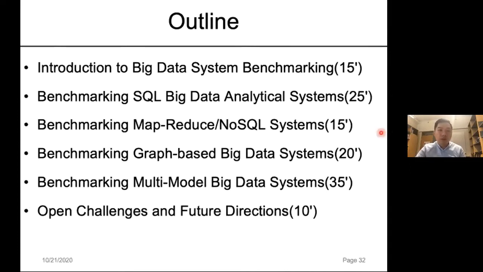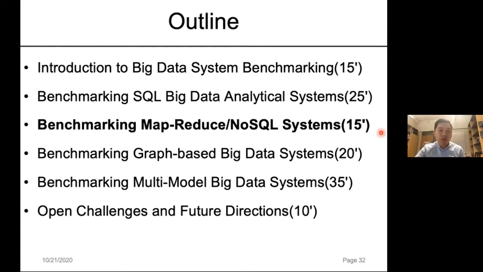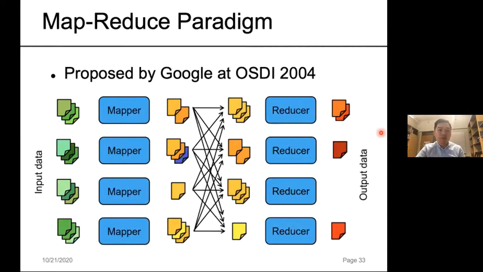In the following, we will talk about benchmarking MapReduce and NoSQL systems. The MapReduce paradigm was proposed by Google at the OSDI conference in 2004. It has been widely adopted since Yahoo released its open source version, Hadoop, in 2009.